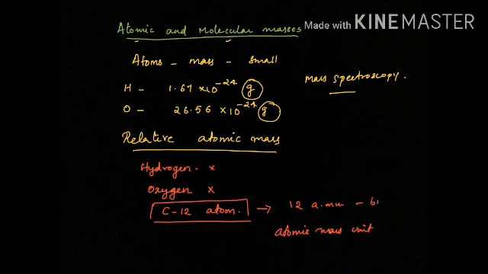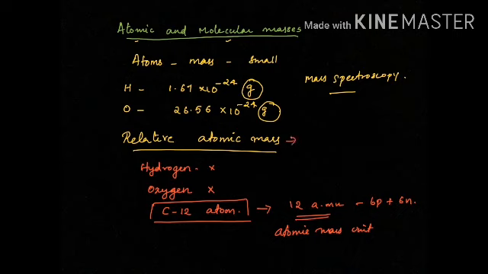It contains 6 protons and 6 neutrons. So we have calculated the mass of carbon 12 as 12 AMU. Using this mass as the standard, we find the mass of the other elements, the other atoms. So how can we define the relative atomic mass now?